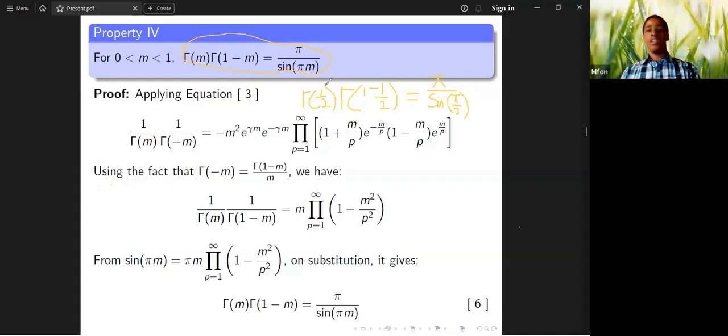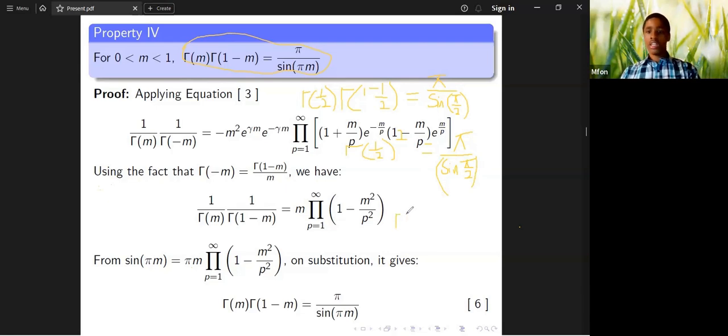From here now, we see that this and this are the same. They are both gamma half. So all we do is put gamma half all squared, and it's equal to pi over sine pi over 2. And we know that sine pi over 2 is simply 1, that is sine 90.